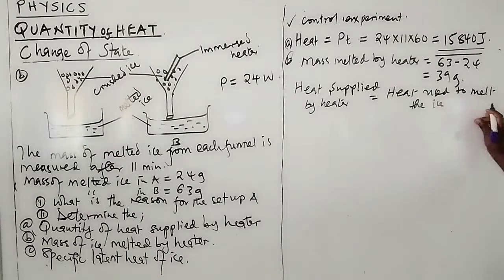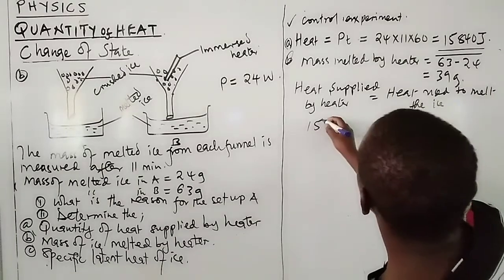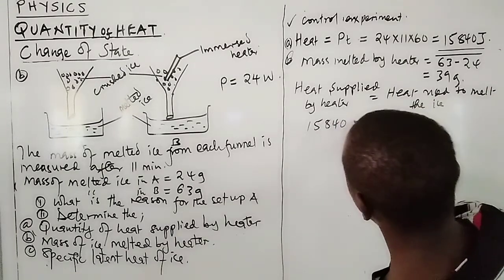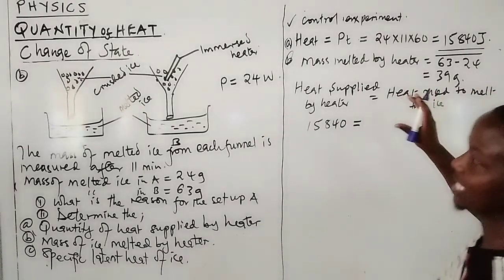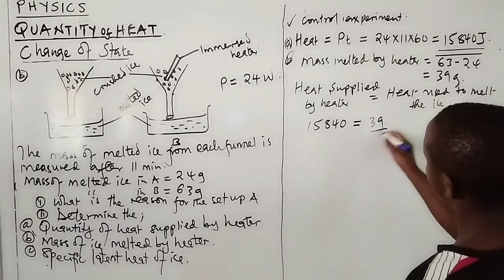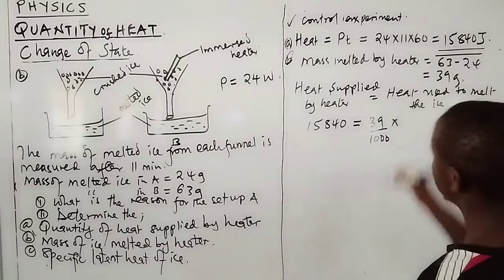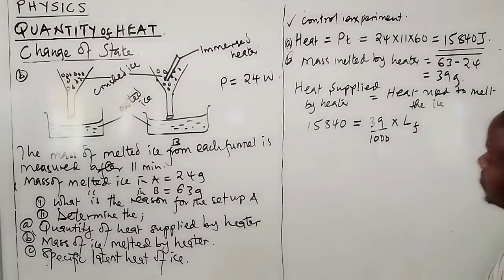The heat supplied by the heater, calculated already, is 15,840 joules, equal to the heat used to melt the ice. Because it is at constant temperature, it will be the mass of the ice, which is 39 grams, so we divide by 1,000 to make it kilograms, times the latent heat of fusion.